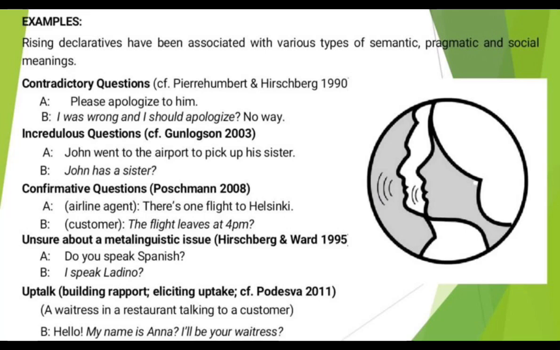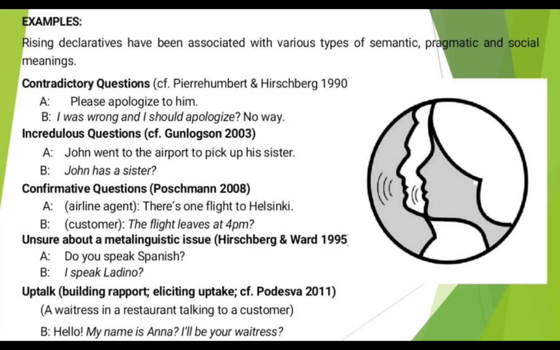And the last type associated with the rising declarative is uptalk, building rapport, eliciting uptake, which came from Podesva 2011. A waitress in a restaurant talking to a customer. Sentence B is: hello, my name is Anna? I'll be your waitress.